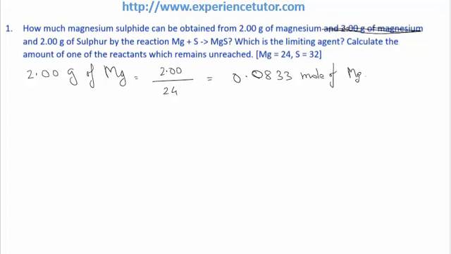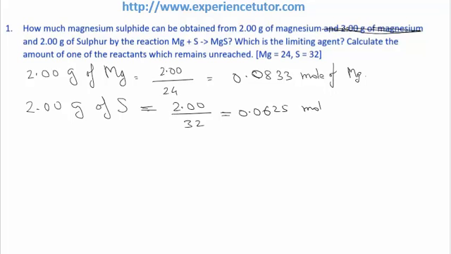Similarly, 2 gram of sulfur is equal to 2.00 upon 32, which is equal to 0.0625 mole of S.